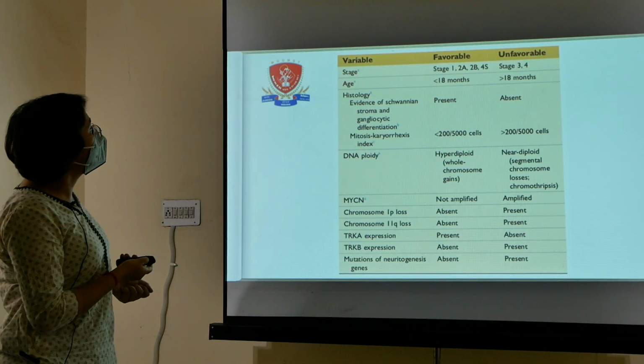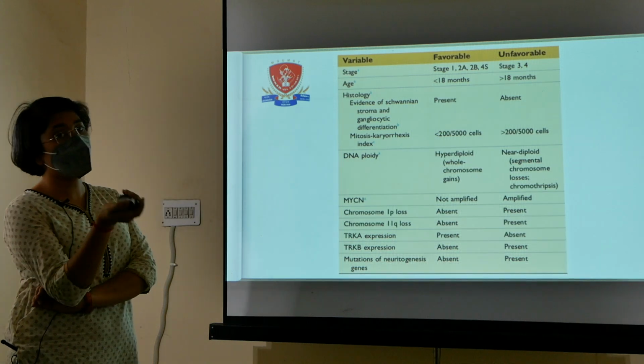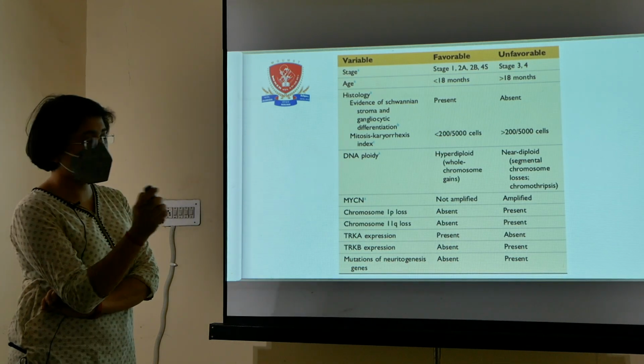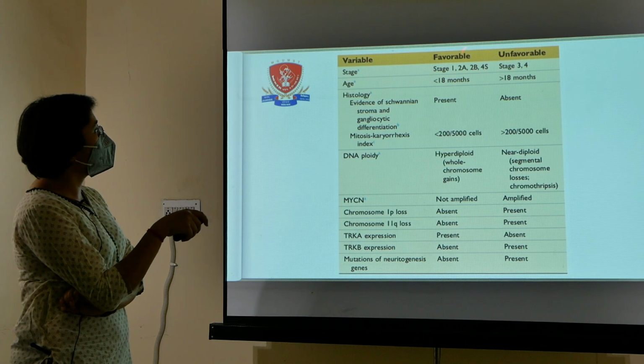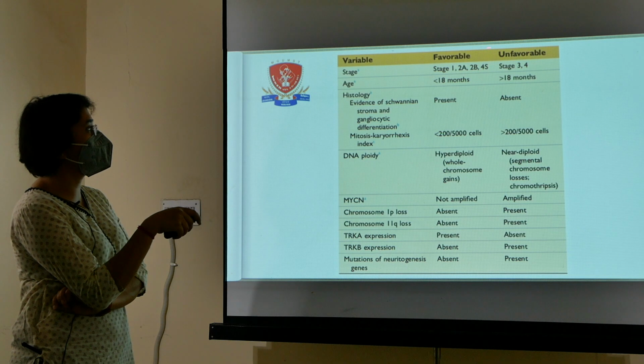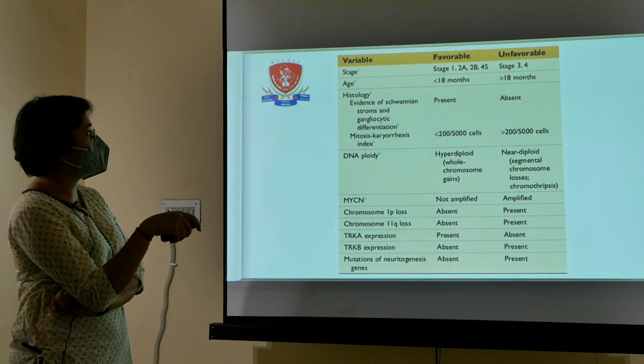Fine. So here I was telling you about the staging. What is the favorable and unfavorable staging? You don't need to remember all of them, but some points are really important. As far as staging, of course, the lower the stage, the better the prognosis, and in that 4S is one exception. And of course, the higher the stage, the more unfavorable it is.